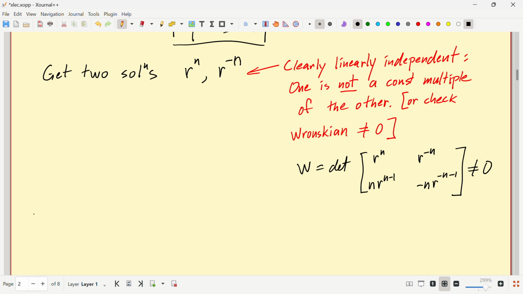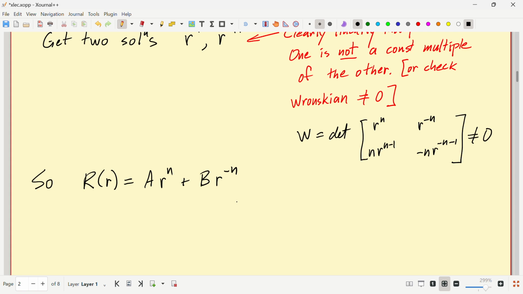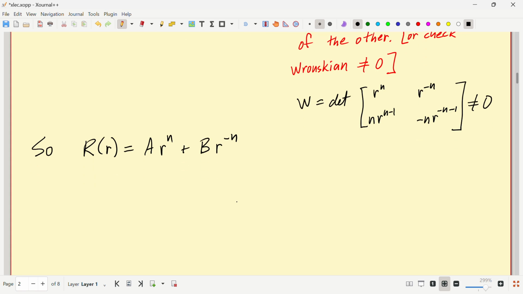So that's good news. The general solution would be A r to the n plus B r to the minus n. But if you think about it, what would that mean about my solution? r to the minus n blows up. So this part here is ouch.